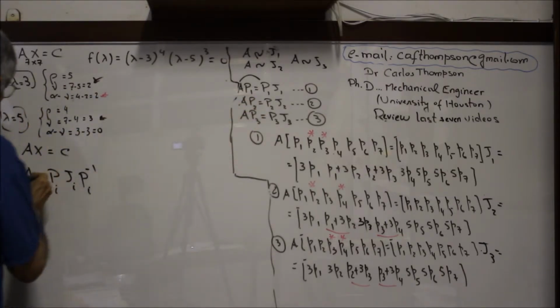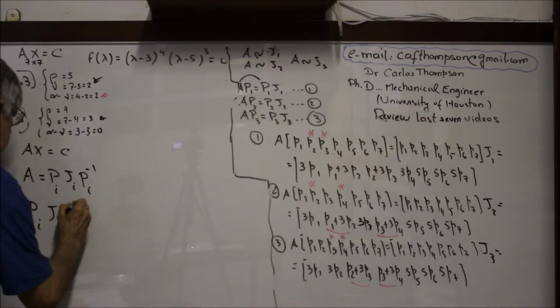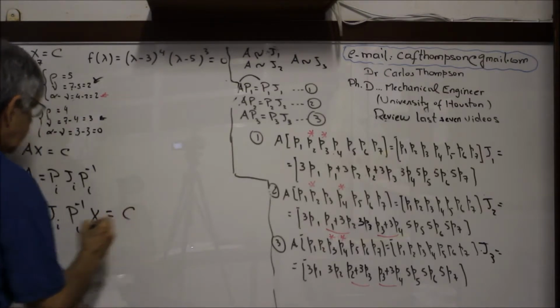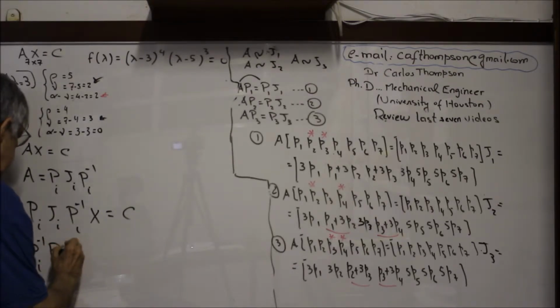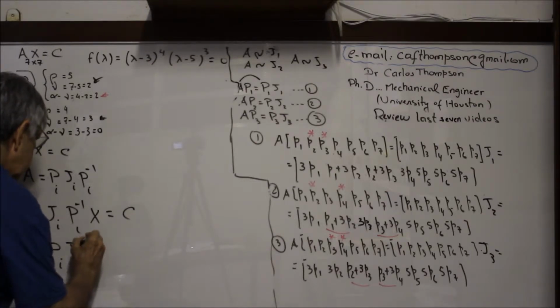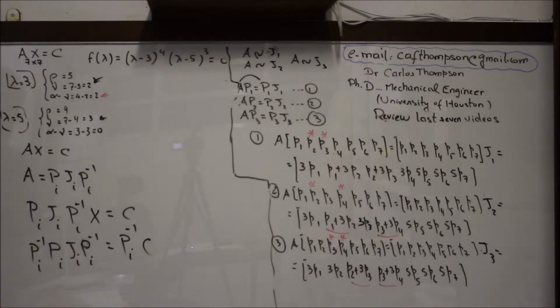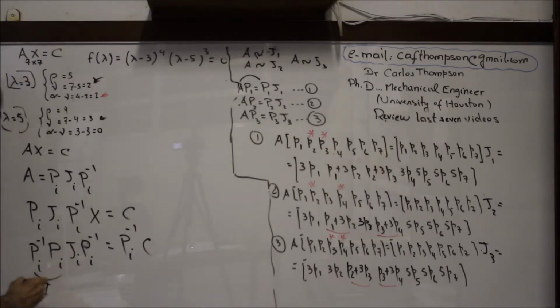Now, I substitute A here, so I will have Pi Ji Pi minus 1 X is equal C. Multiplying by Pi minus 1, Pi minus 1 Pi is the identity.